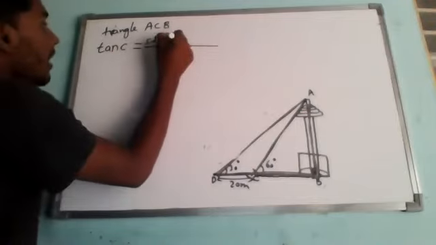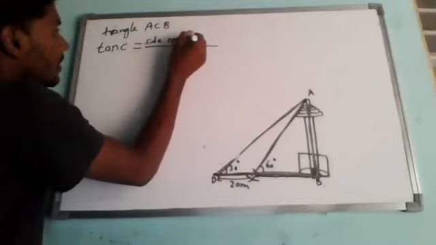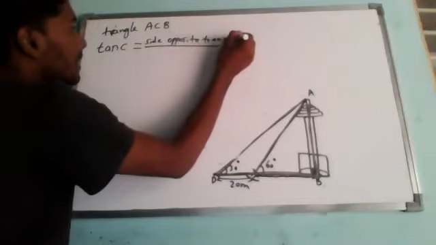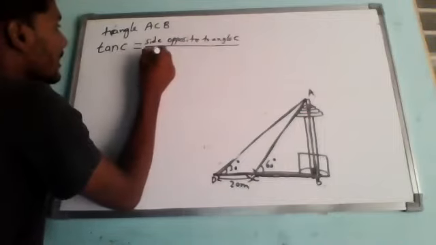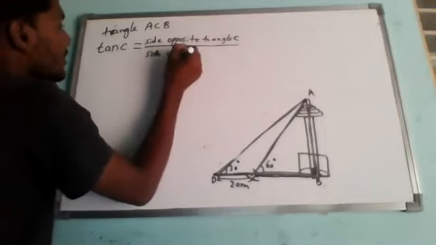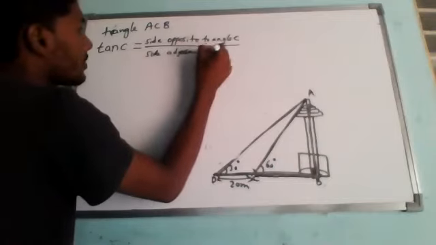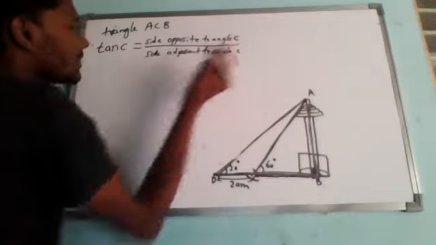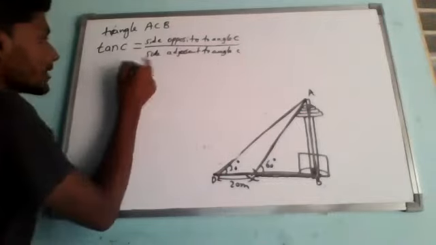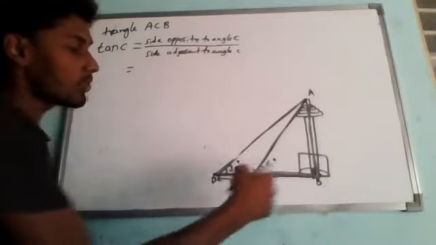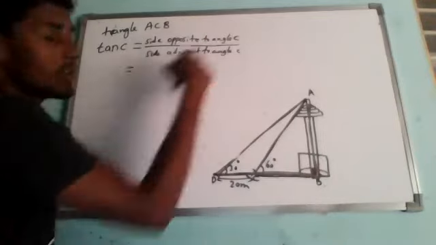So tan C equals side opposite to angle C divided by side adjacent to angle C. Is it correct or not? Yes. Now if you see in this figure, first right angle triangle ACB, what is the opposite side to angle C?